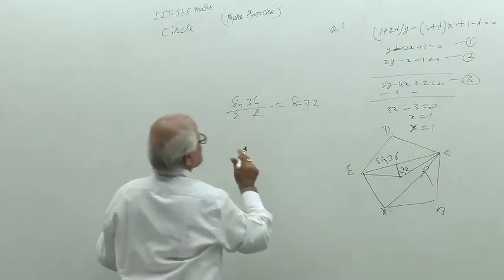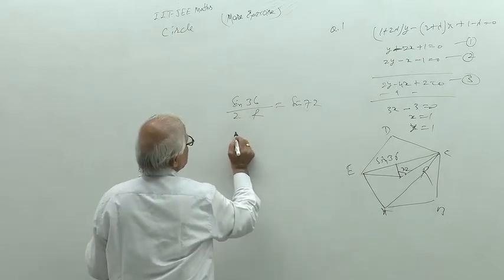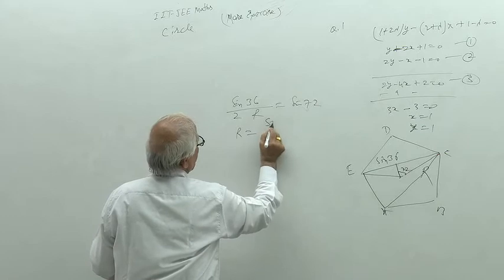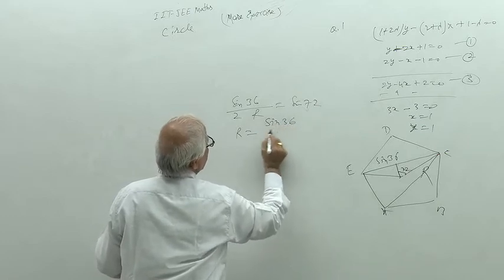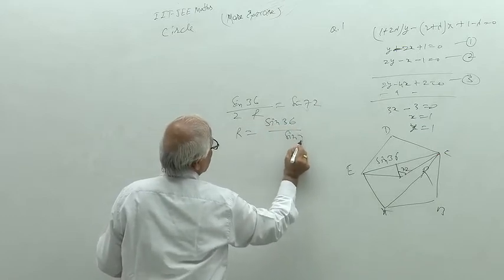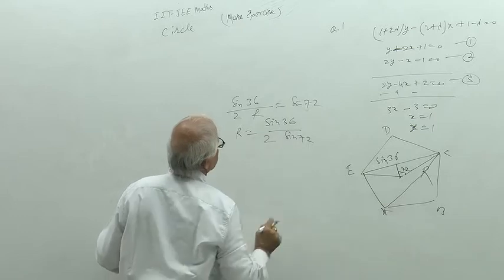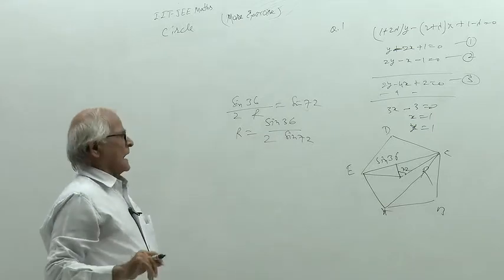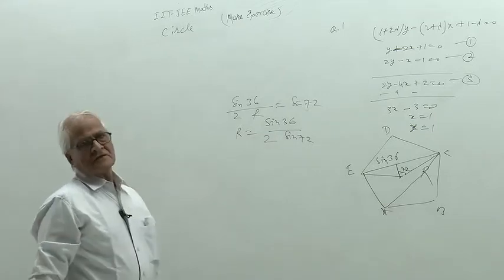Now the value of R is sin 36 upon sin 72. This is the value of R.